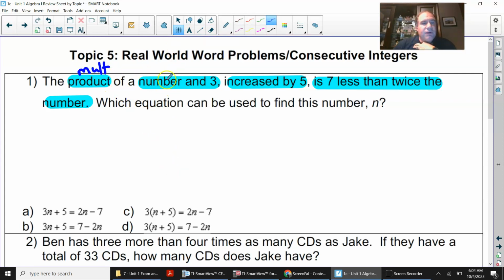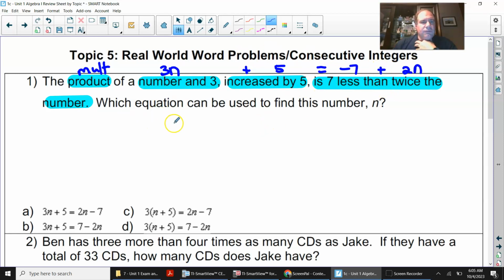The product of a number and 3, that's 3n. Increased by 5. The word is means equals. 7 less is minus 7. Twice the number.